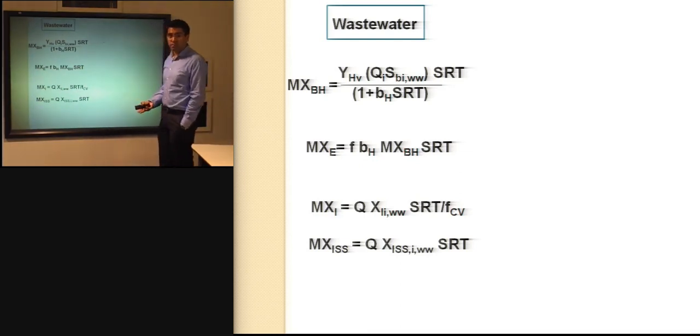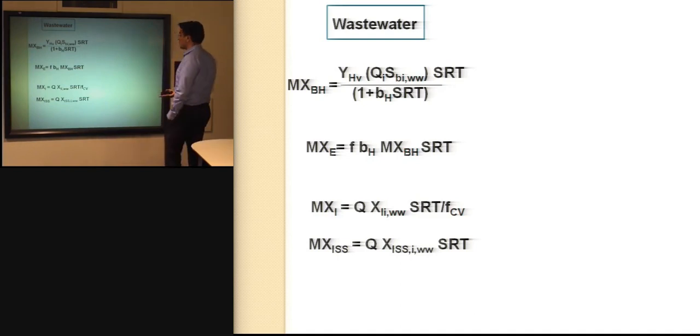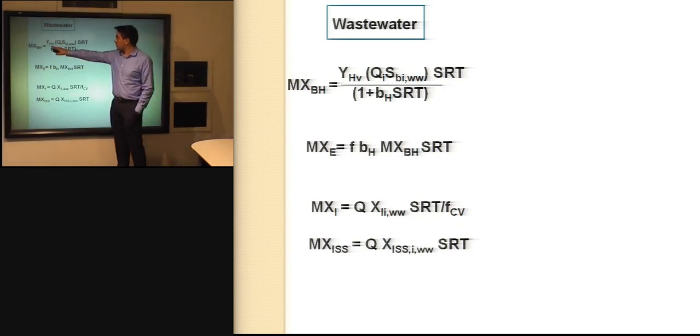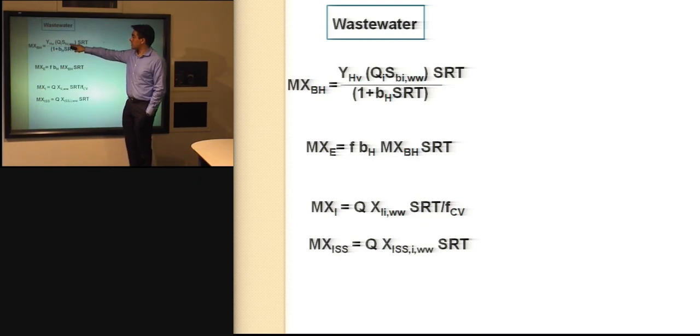These components, based on the steady-state model from the University of Cape Town, can be determined based on the yield of the organisms, the flow rate, the concentration of biodegradable organics, both soluble and particulate, the applied SRT of the system, and they are also related to the endogenous processes of that biomass, also the SRT.